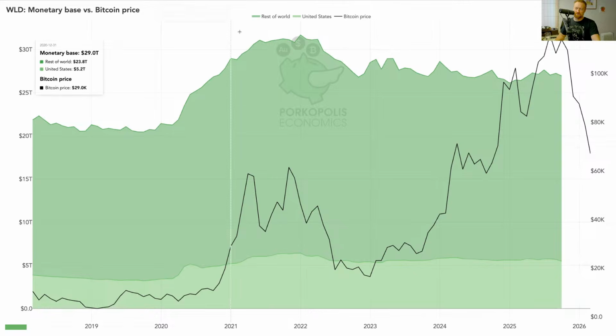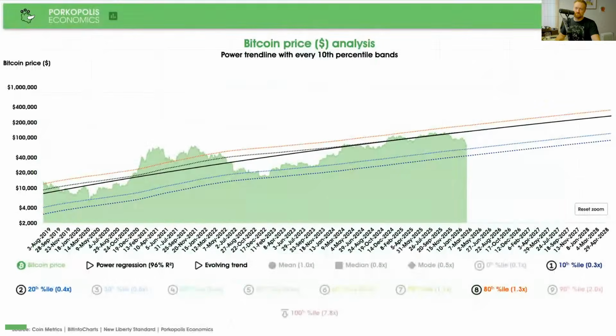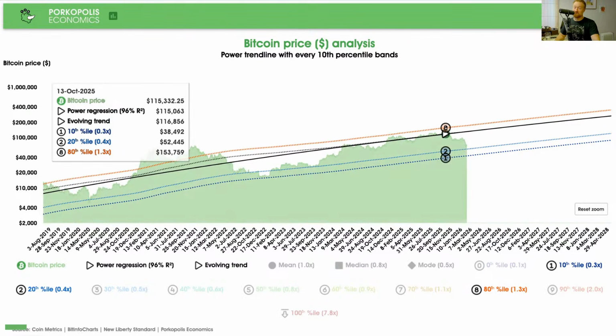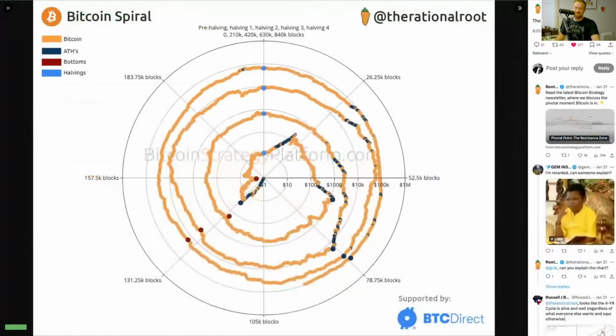No one knows, but what I will say that I'm satisfied with is I was not one of these people telling you that the 4-year cycle's over. The 4-year cycle shouldn't mean anything anyway. I mean, it's a clock of Bitcoin.